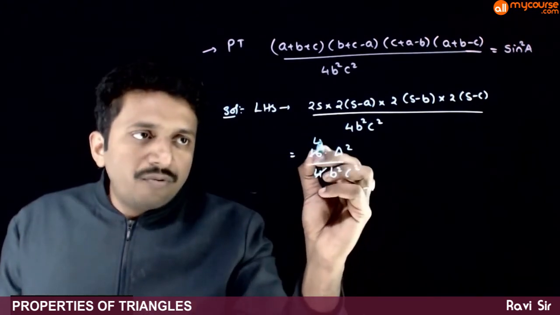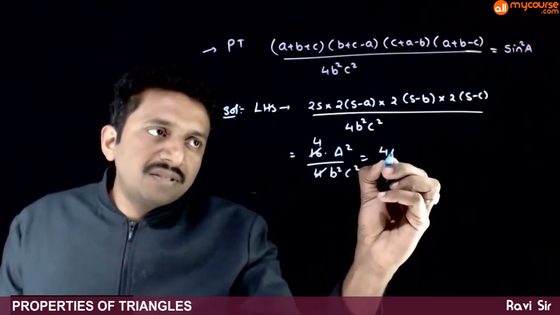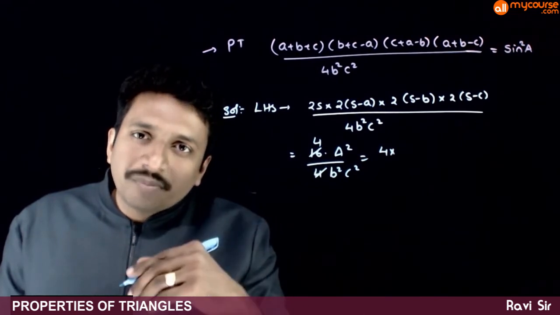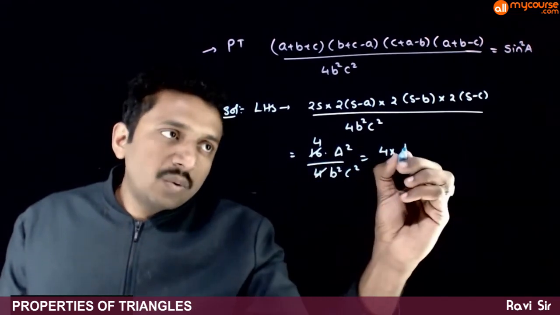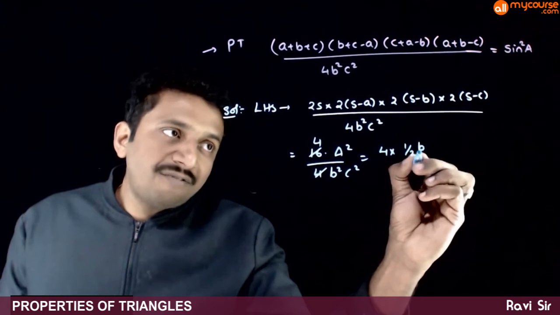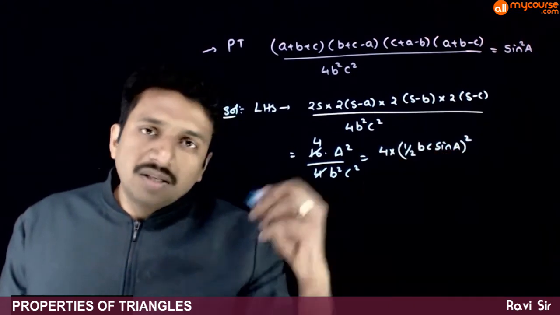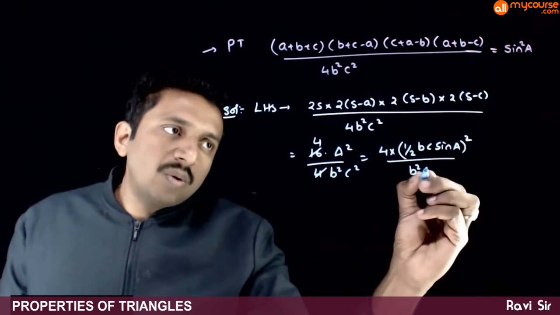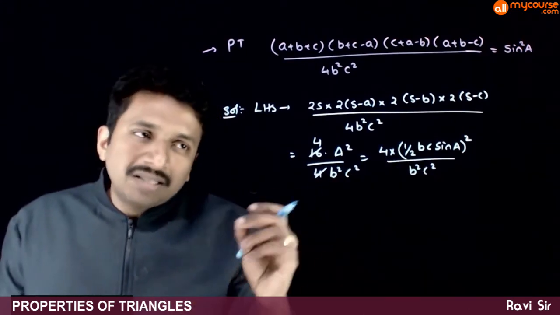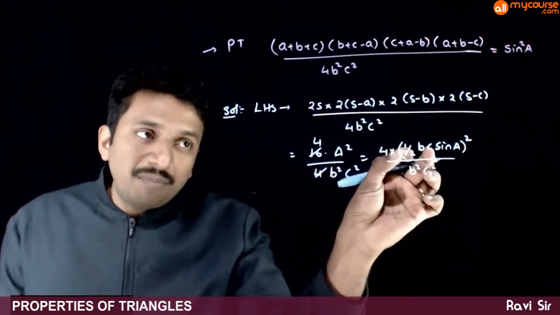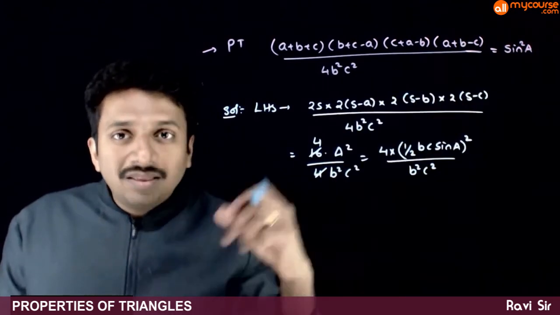And if you cancel this out 4 times, that is equal to 4 times delta square. One of the formulas for delta is half bc sine A. So delta square is a whole square by b square c square. You should understand why I have written only this formula, because finally I want sine square A in the RHS.